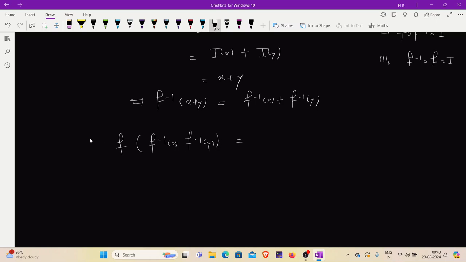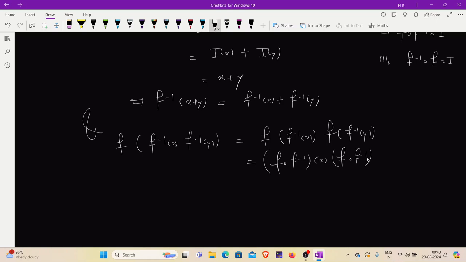So f is already a homomorphism, so this is f of f inverse of x into f of f inverse of y, right? So this is f composite f inverse of x into f composite f inverse of y, and as I told you earlier, this is I of x into I of y, so this is x into y, right?